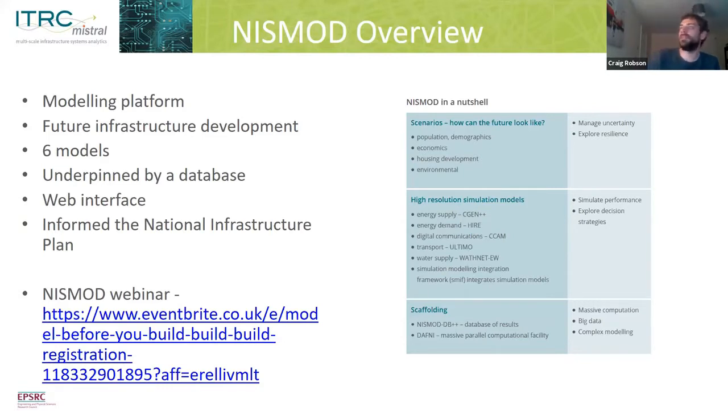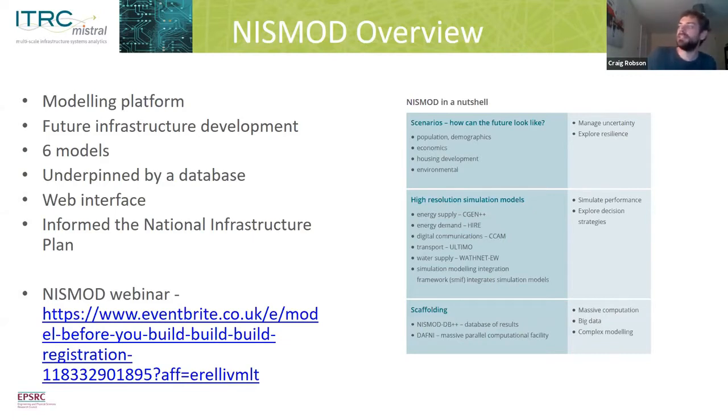So the idea is to predict future infrastructure development, taking a whole host of scenarios, so population, demographics, economics, land use, those sort of things. And then within each model, we can also have different scenarios, so zero carbon scenarios, a move to electric for transport and cars, those sort of things.